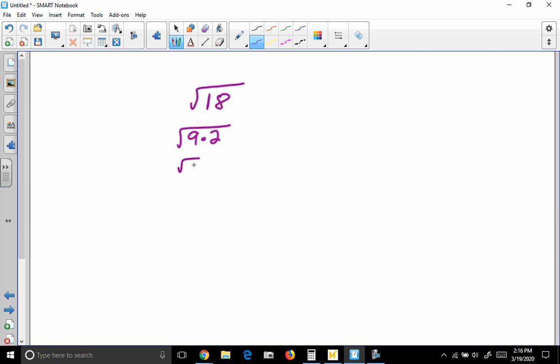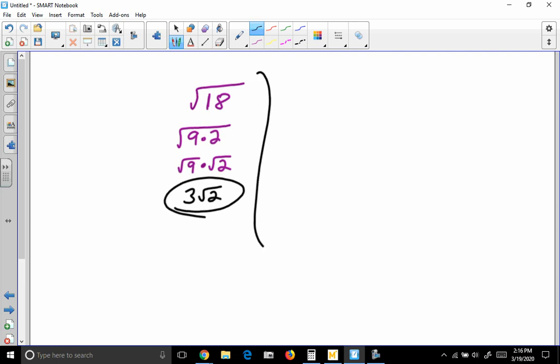So we could rewrite this as the square root of 9 times the square root of 2. Well, the square root of 9 is 3, so we simplify it. 2 is not a perfect square, so we leave it as it is. So this is an important use of this property. It lets us simplify radicals as we have larger values.